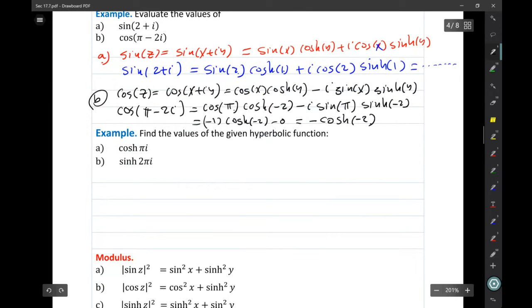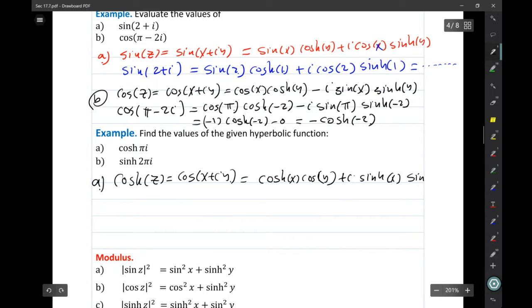The next example asks for cosine of pi i. Use the identity, which is cos z, according to the previous identity, equal to cos of x plus iy, which is cos x cosine y minus i sin x sin y.